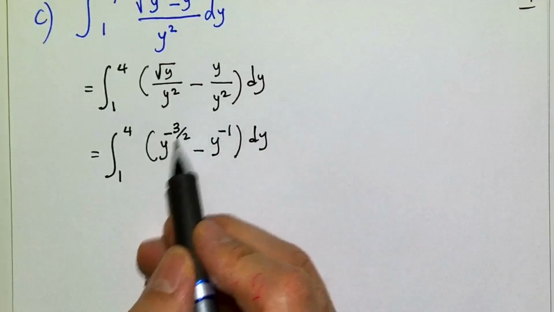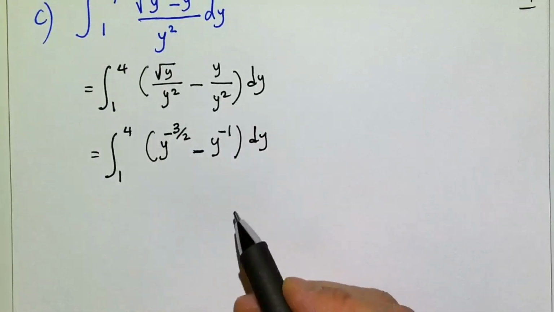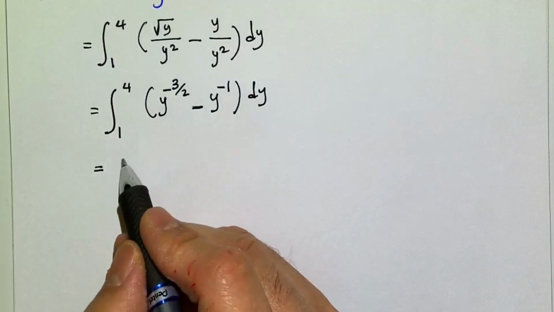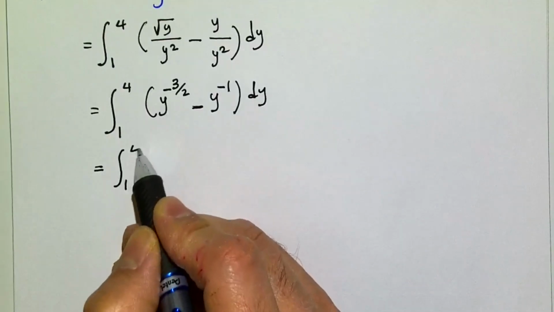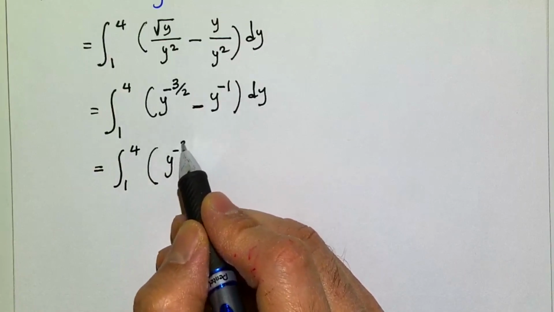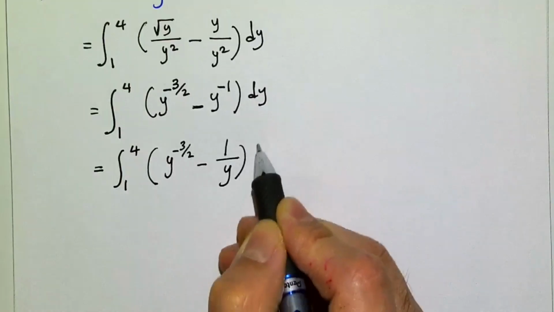Now this one is fine, but this one, let's rewrite it back in fractional form. And after I do that, I'll show you why I'm suggesting that. So I'm just going to keep that as a power, y to minus 3/2 power, and then minus 1 over y dy.